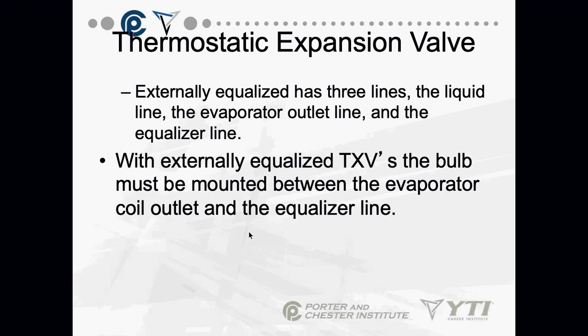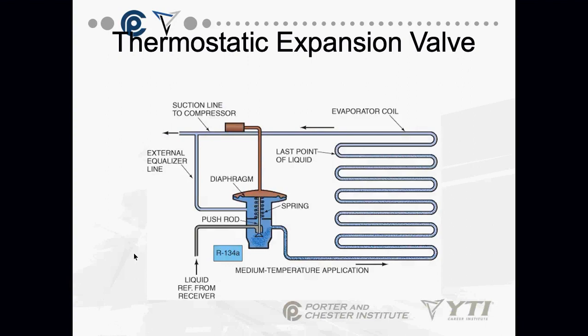There's a very specific place you can mount that bulb. Here is my evaporator coil, and our evaporator outlet. We put the bulb there, and we have that third equalizer line that goes to the TXV. Very important: if the bulb is mounted in the wrong place, it will not work.